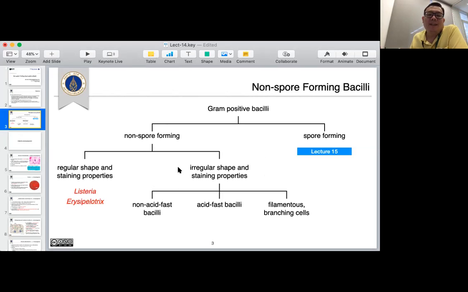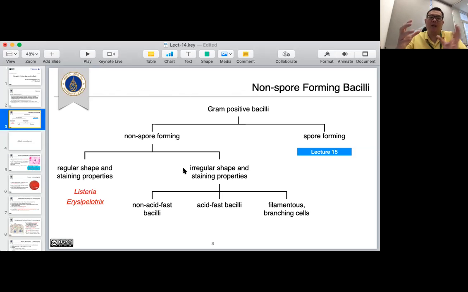Another group is irregular shape. The shape is kind of bacilli, but it's not regular bacilli. They look weird. Some of them look like a club, like a ball, so one pole is bigger than another pole. Or some of them look like very long bacilli and branching bacilli, that is filamentous branching cells, or some possess a different type of cell wall like acid-fast bacilli.